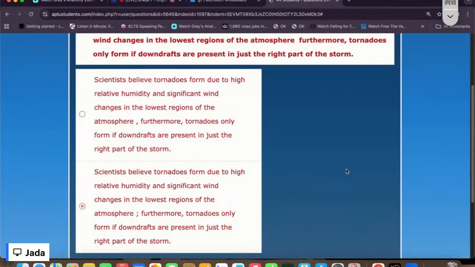So furthermore is a conjunctive adverb, so we have to put a semicolon before furthermore.